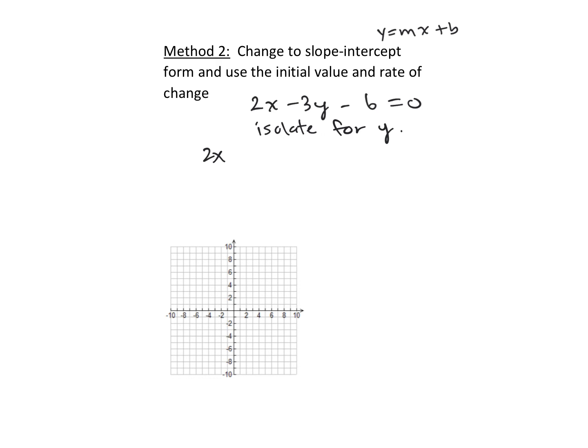So I can move this 2x to the other side, and I can move this 6 to the other side. So we just do the opposite, which would leave me with minus 3y equals minus 2x plus 6. And then I just want y, so then I would divide by minus 3.